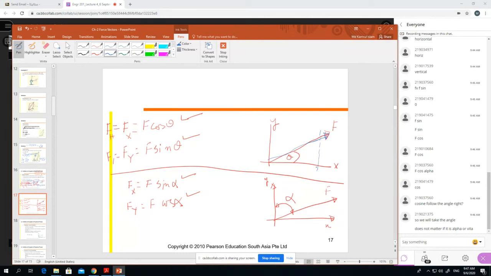This is Fx, and this line, I draw it again, otherwise it will be clumsy. This is very important, and that's why I'm drawing it for you again, but you must understand very clearly.